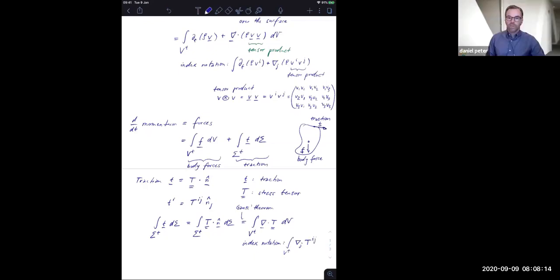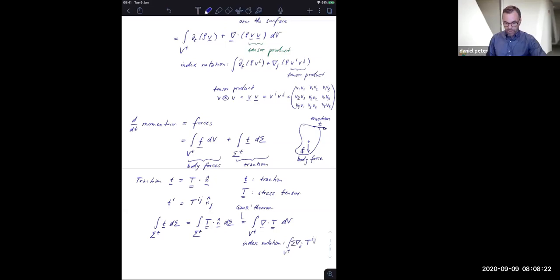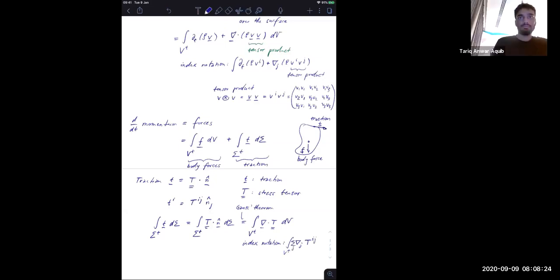So that would be the index notation. And again, we would sum over j. So again, think of having the sum over j in front. So is it clear so far?